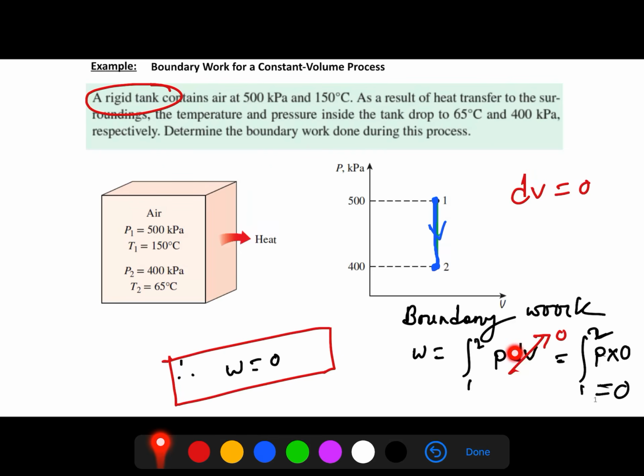If the volume is not changing, if it is constant, then the boundary work should be 0. And you can check the PV diagram: the area under the process curve is always 0. So the main theme from this constant volume process is that the boundary work will always be 0. So yeah, I think that's it.